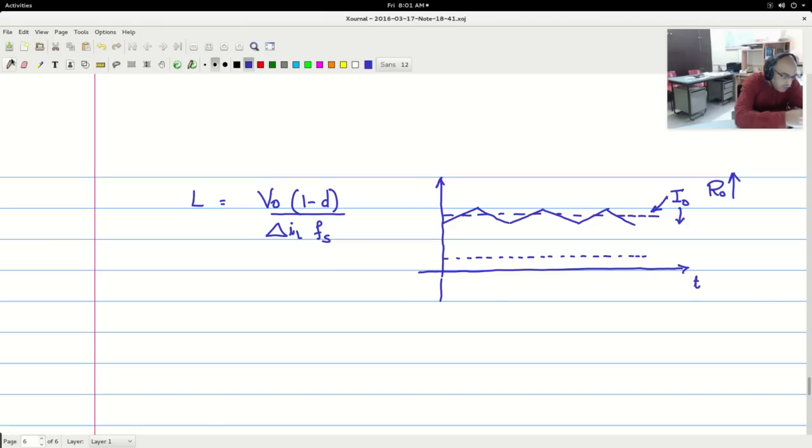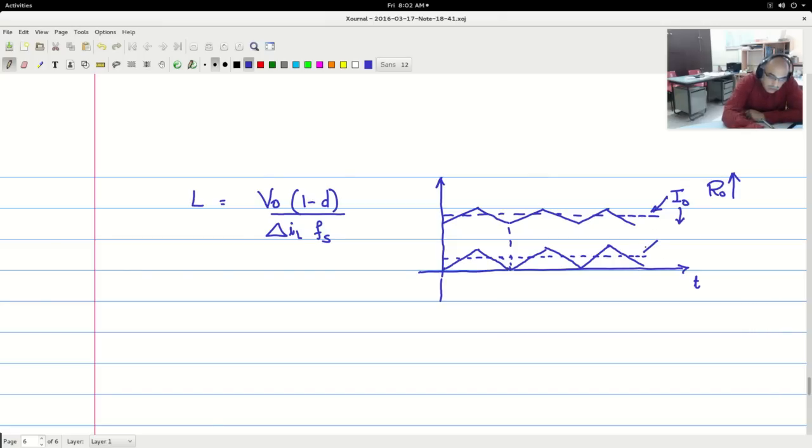So in the limit you will see that it may just touch, I'm sorry, the lines are not straight, so it may just touch the zero line like this.